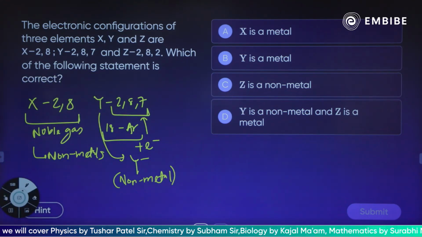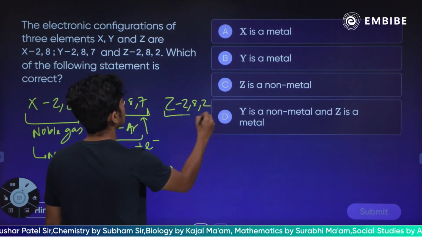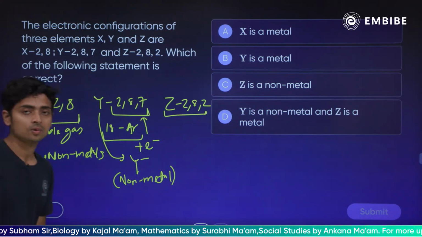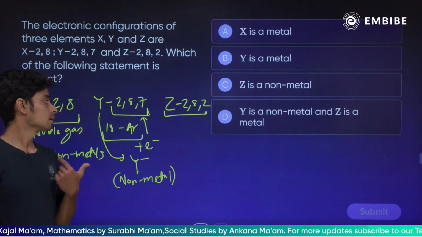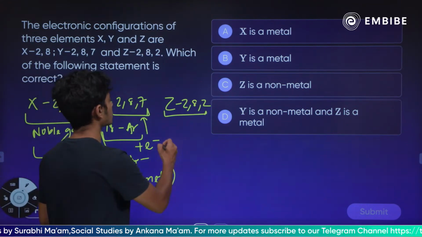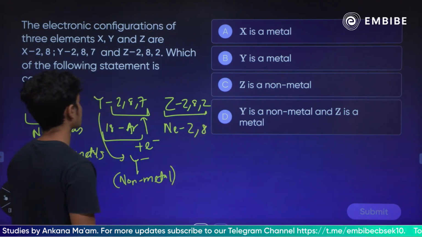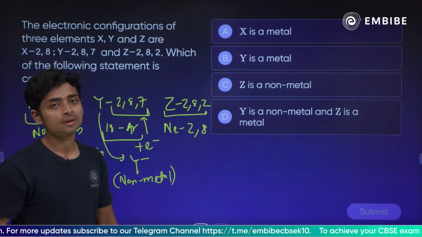Next I have got Z. Z is 2, 8, 2. So it has 12 electrons. The nearest noble gas configuration, with K shell and L shell fully filled, is 2, 8, which is neon. So if it loses 2 electrons, it can form a cation.